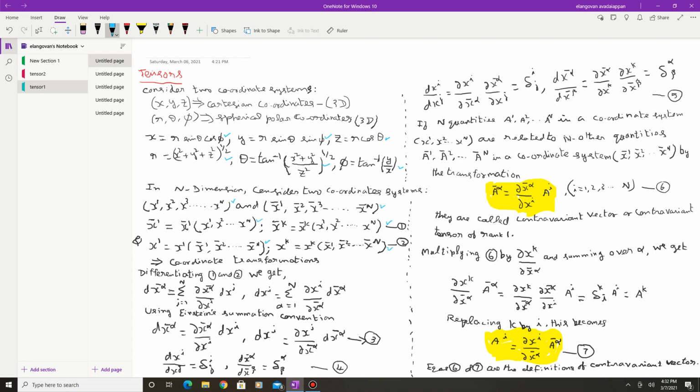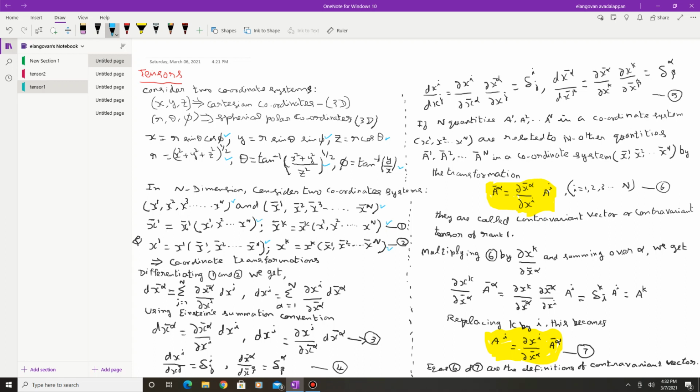So you differentiate one of the coordinates. dx alpha bar may be expressed as summation over i runs from 1 to n, partial dx alpha bar by partial dxi dxi. There is a summation over i. So partial dx alpha bar by partial dx1 dx1 plus partial dx alpha bar by partial dx2 dx2 and so on up to partial dx alpha bar by partial dxn dxn.